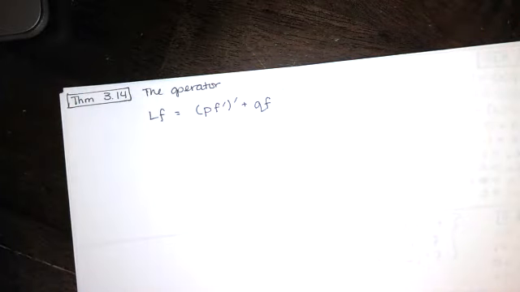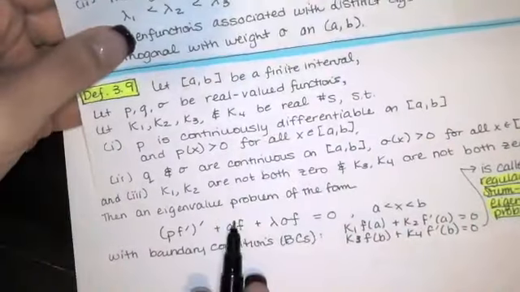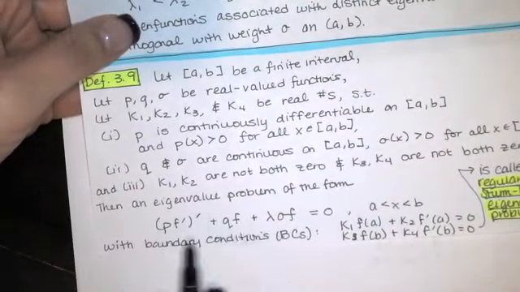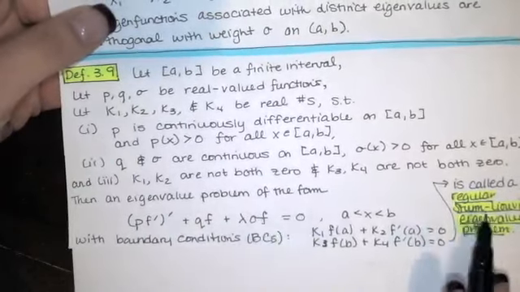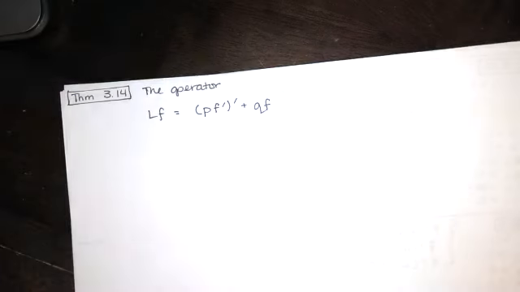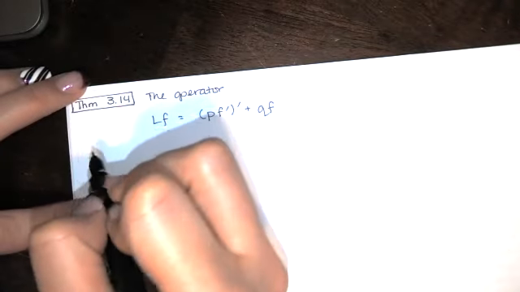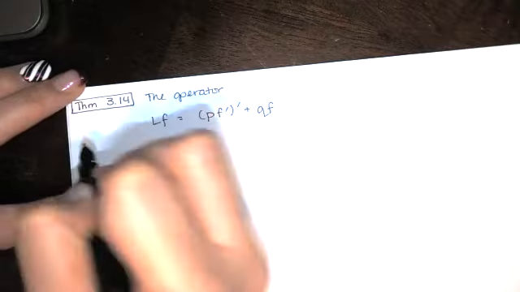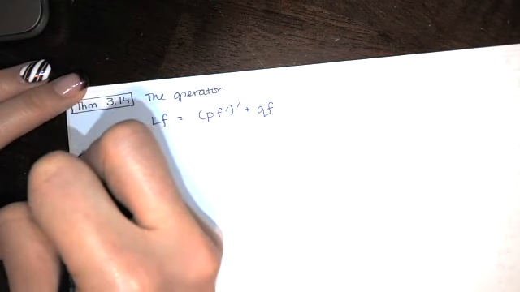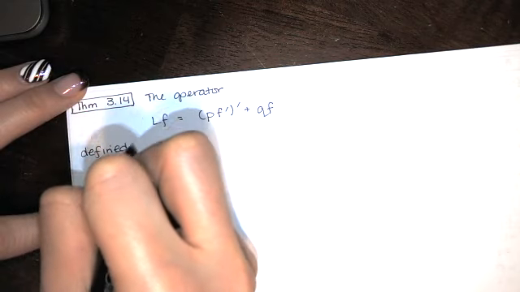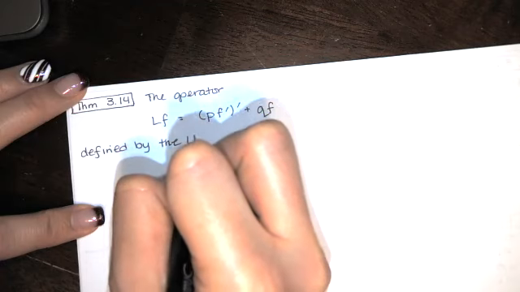That operator, which again is just a linear operator applied to f on the left-hand side of this differential equation for this regular Sturm-Liouville eigenvalue problem, is, let's say, let me make sure I state all the right things. This operator defined by the left-hand side, I'm going to use the abbreviation LHS.